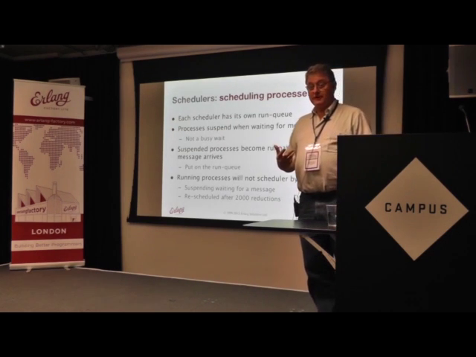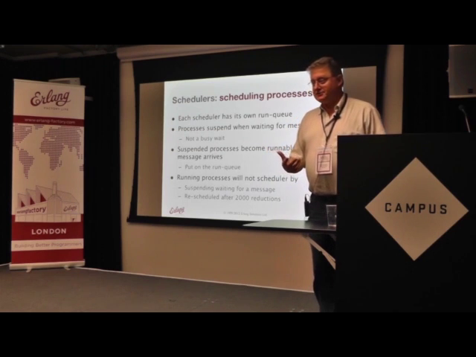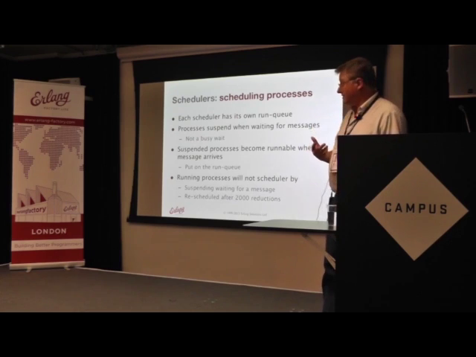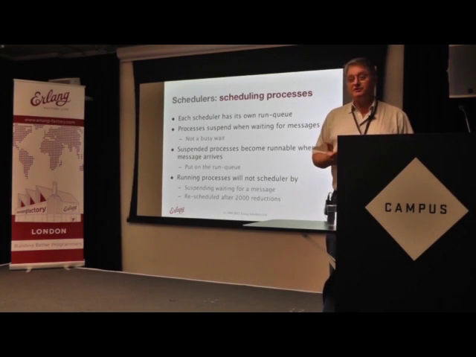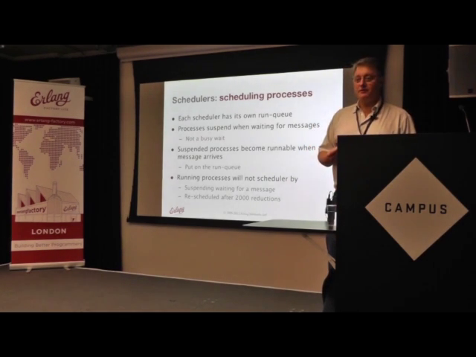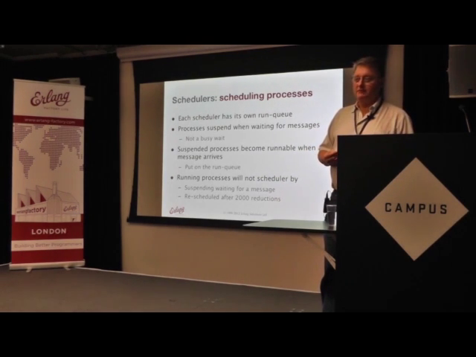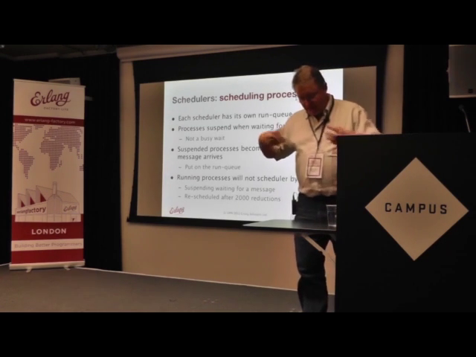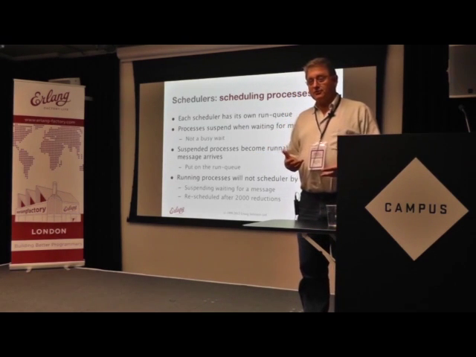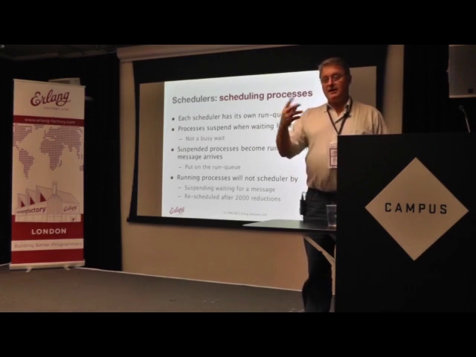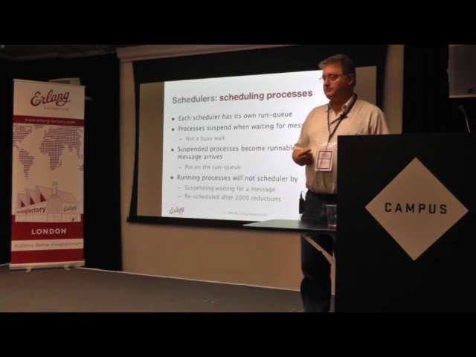Either they do a receive and there's no message which matches, in which case they'll be suspended, or after 2,000 reductions, a process will be rescheduled. So no Erlang process is allowed to block the system. Even if a process is continually running, after 2,000 function calls, it'll just be suspended and rescheduled at the end of the run queue.